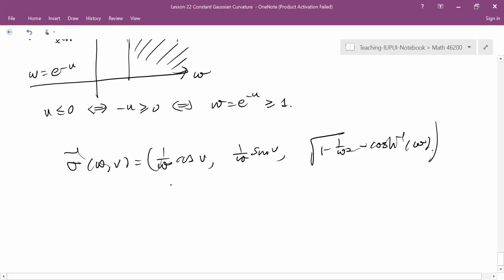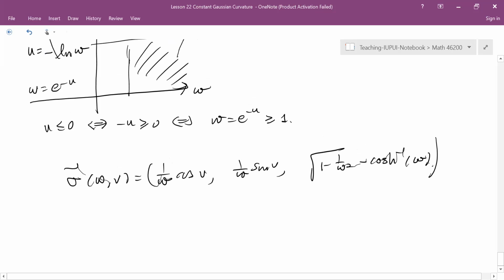So what is the first fundamental form of this? You can get the fundamental form, right? We know that it's going to be du squared plus, at the very beginning we have this.